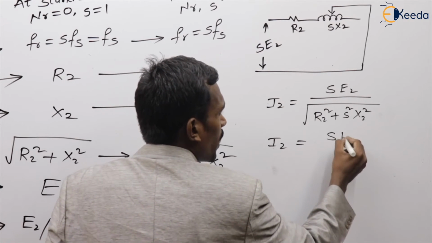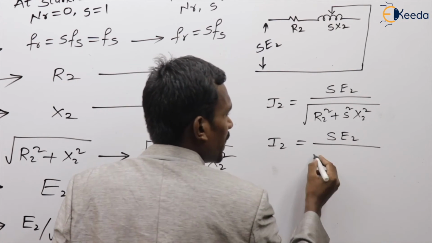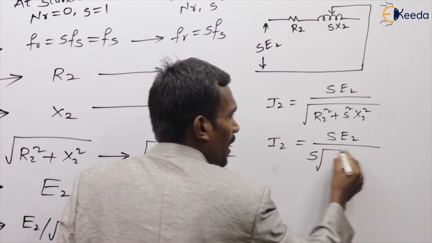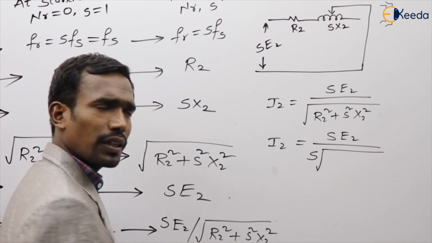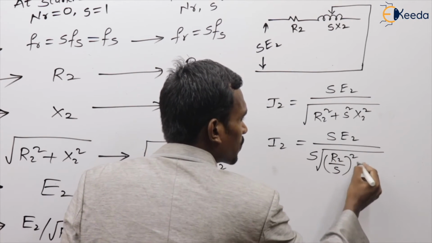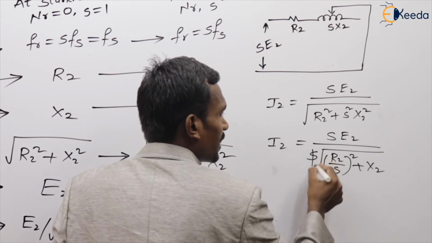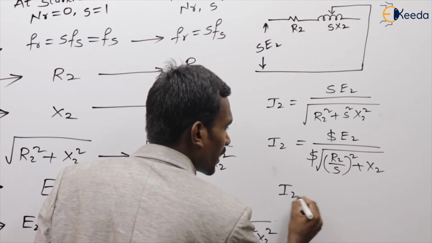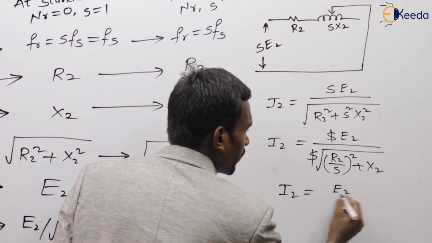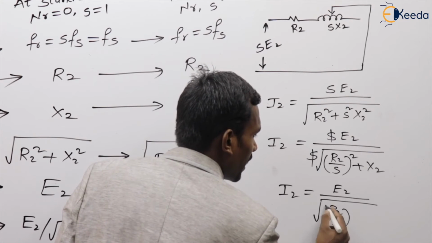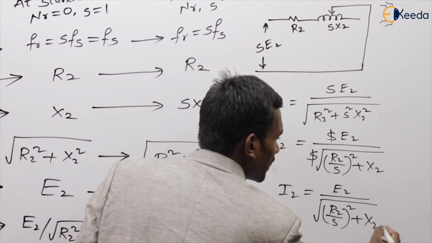I2 is equal to S into E2 divided by S times the square root of (R2 by S) whole square plus X2 square, and S gets cancelled. Finally, I2 is equal to E2 divided by the square root of (R2 by S) whole square plus X2 square.